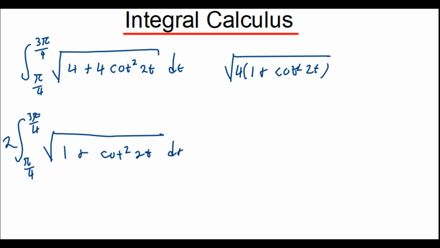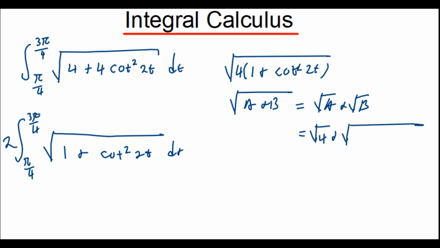One thing you have to understand is that if you're looking for the square root of a multiplied by b, you can write this as the square root of a multiplied by the square root of b. In this case, a is 4, multiplied by the square root of your b, which is 1 plus cot squared 2t. And the square root of 4 is 2. That's why I've put a 2 right here. So that is where that is coming from.